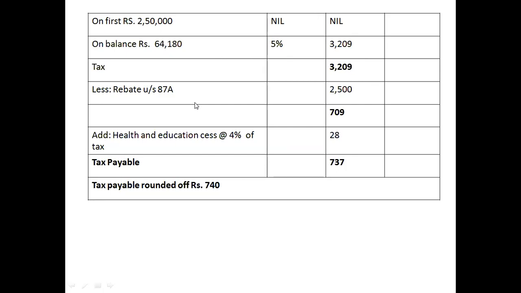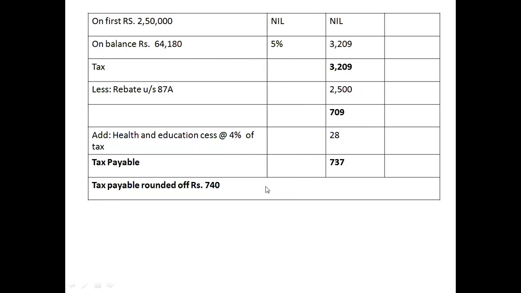Rebate up to 3,50,000, 2,500 can be deducted. So 3,209 minus 2,500, you will get 709, and education cess 4% should be added on 709. So 709 into 4% is 28 rupees, and then 709 plus 28, you will get 737 as the tax payable, rounded off to 740.